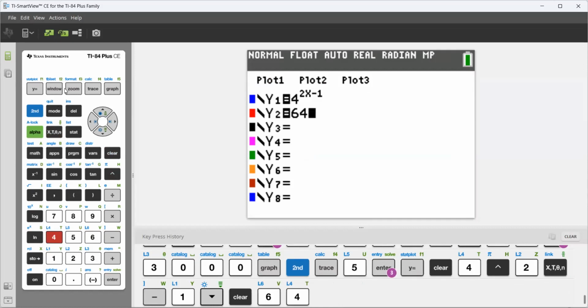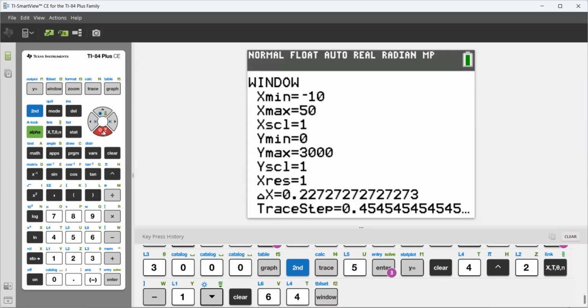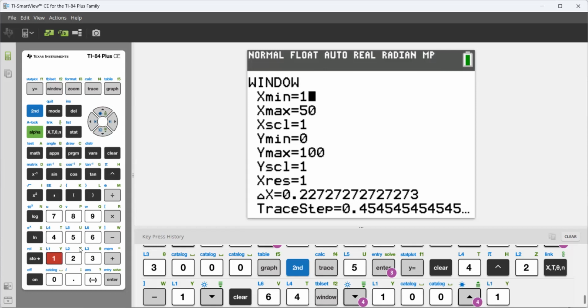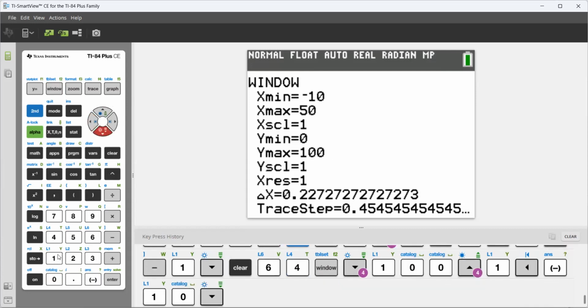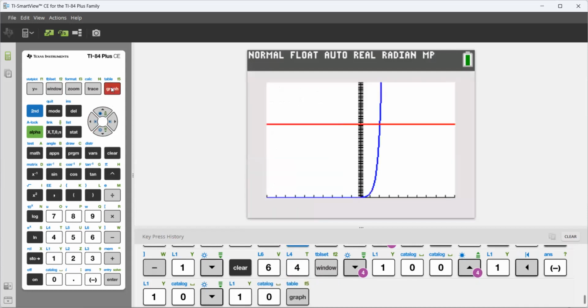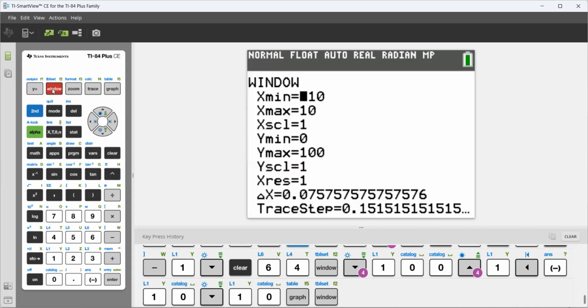Now I'm going to change the window and make this 100. And then I'm changing x to a 10. Oops. Look at what I have. I might as well decrease the y positive.